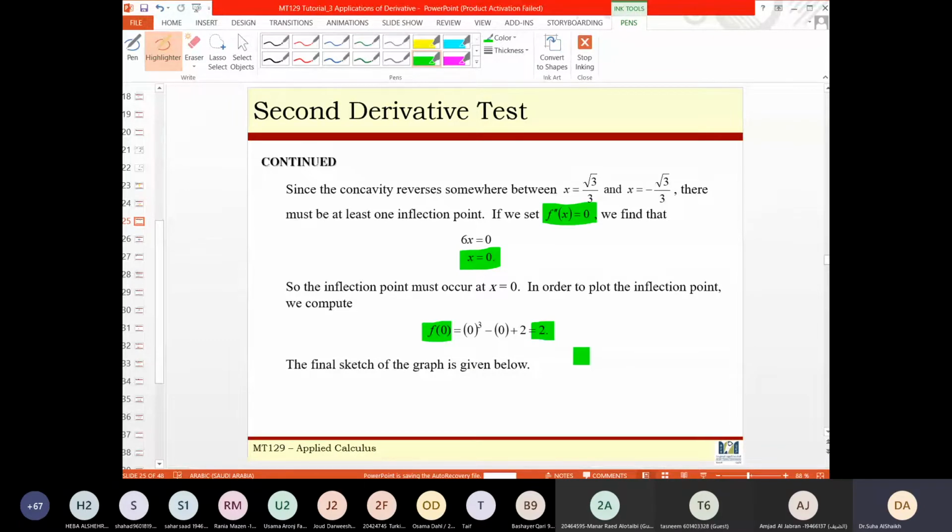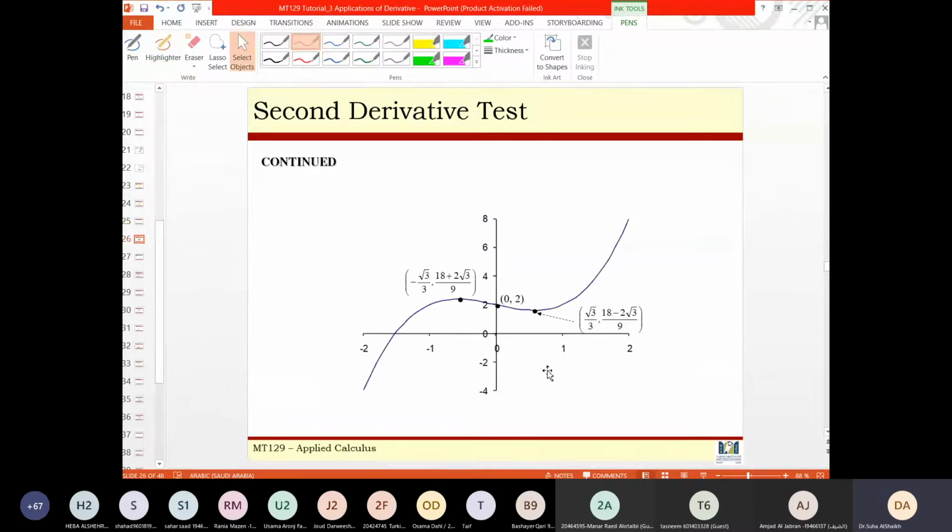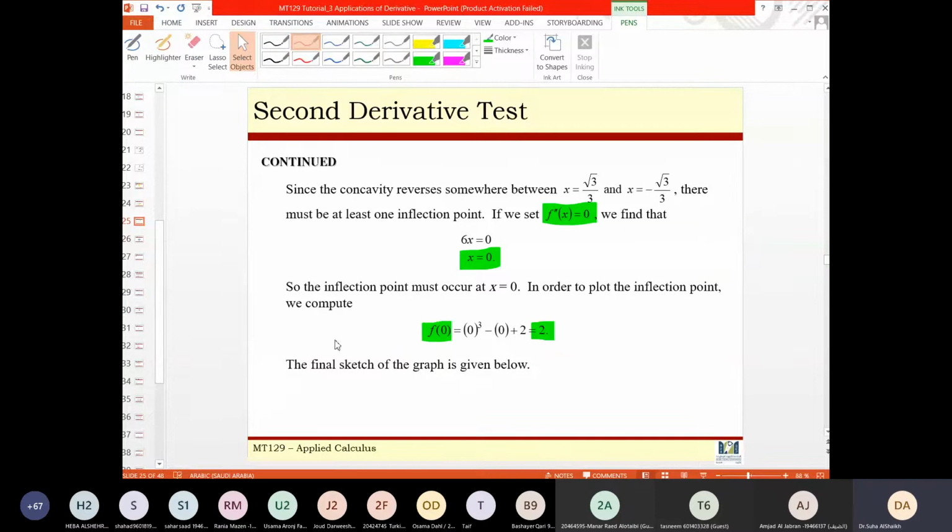Now to check if it is concave up or concave down. If you remember last time, we drew the number line, we put the point x equal to 0, and we said now we are studying the sign of f double dash of x. We take a point before, -1, and a point after, +1.